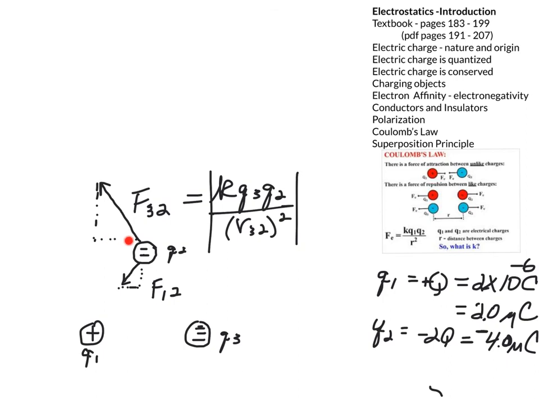And so you would get F32x is in the negative direction, F12x is in the negative direction. We would add those two and they would be in the negative x or i hat direction. And then the y component of this one, we would call it F32y would be positive, and we would have to subtract from that F12y, which would be negative, and then we would have the y component.